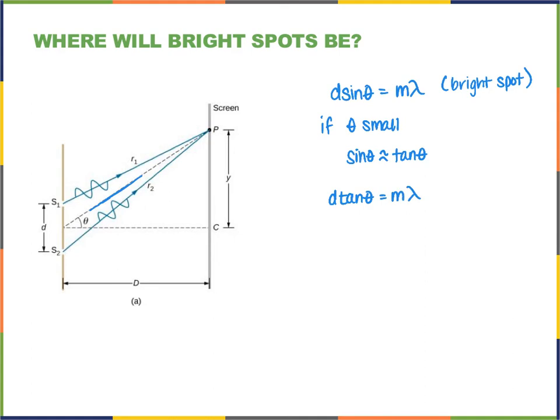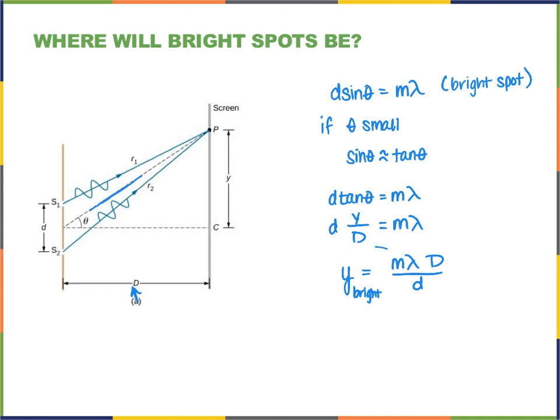The tangent of theta in this picture is y over D, where D is the distance from the slits to the screen. And so y, which is where the bright spots are, can be written as m lambda times D divided by little d.